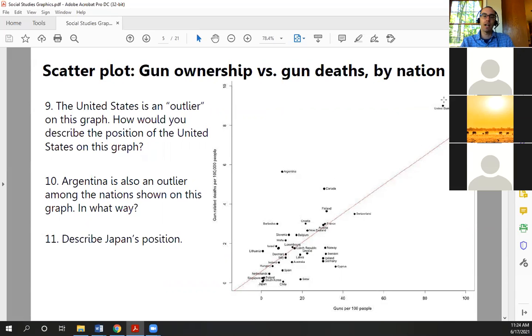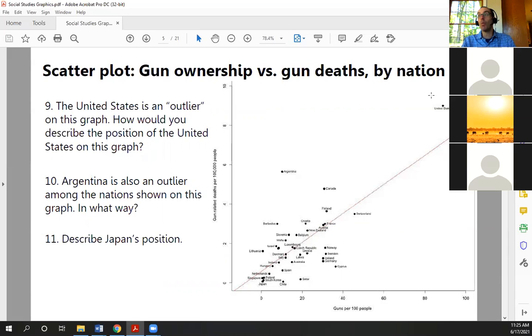It is an outlier. What do you think an outlier means? How would you describe the United States? In the bottom of all the states. It's the first one. Right, it has kind of the worst outcomes. Yeah, it is the worst. So when you have an outlier, here's the group, here's all the other nations. Well, it's actually not all the nations of the world, but maybe 25 or 30 grouped all together in a bunch, right?